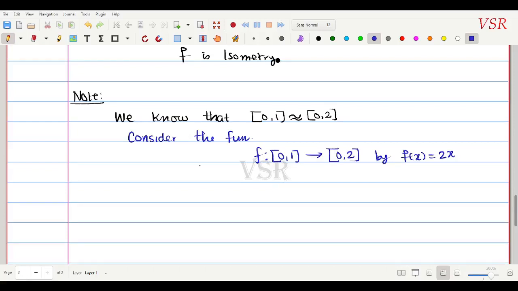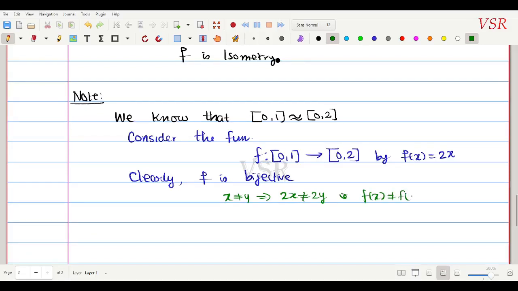Clearly f is bijective. Why is it bijective? If x is not equal to y, this implies that 2x is not equal to 2y, so f of x is not equal to f of y. So f is 1-1.